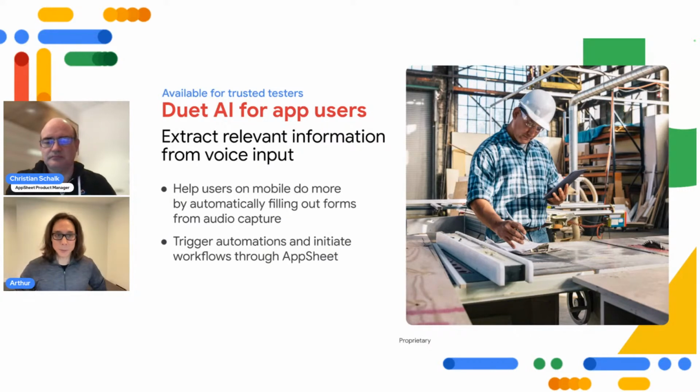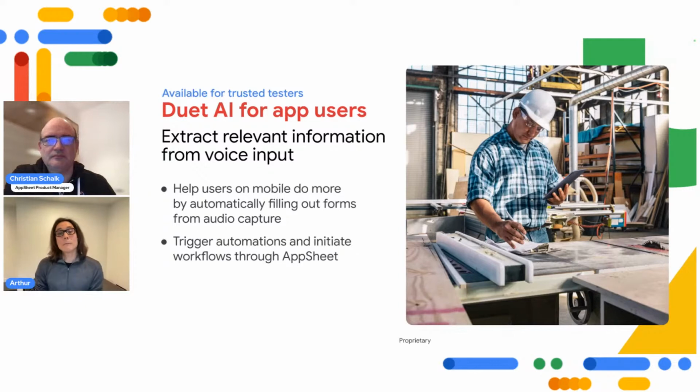But to provide that information, they need to do a lot of scrolling. They have to click through many options. And sometimes they even have to give detailed notes about what they're doing or about the task that they're on. And that can take a while.